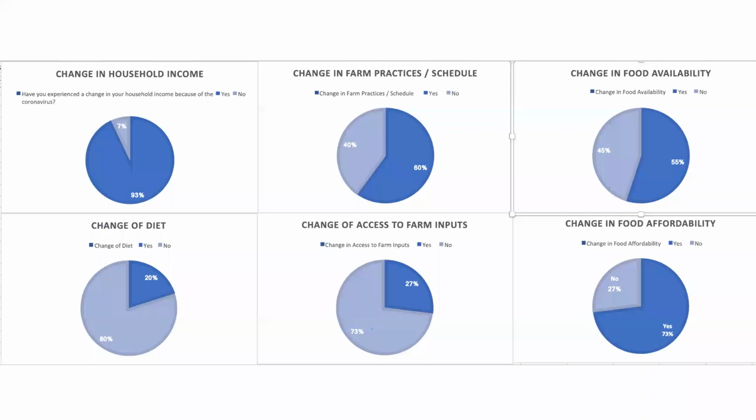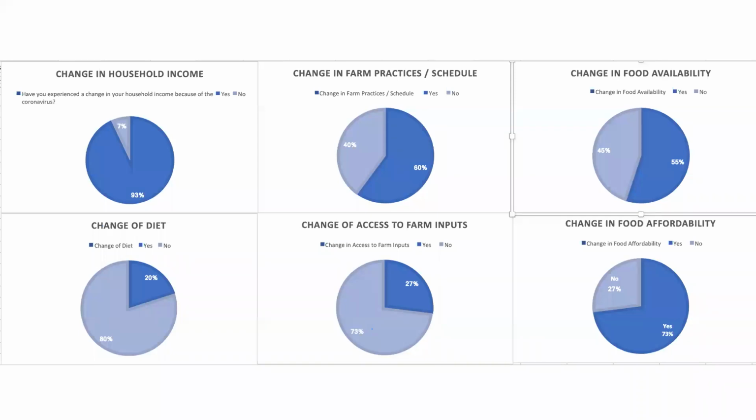We asked a set of questions to understand changes in the food environment, agroecosystems, and food systems more broadly, as well as effects on income. Looking at the graphs really quickly, the darker blue indicates yes, and the lighter blue indicates no. When we asked people if their household income has changed, about 93% of the households have seen a change in household income.